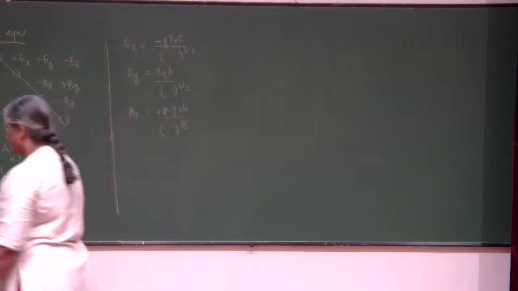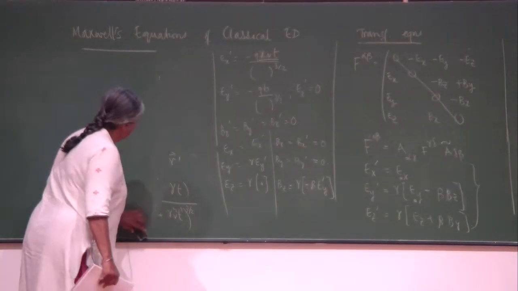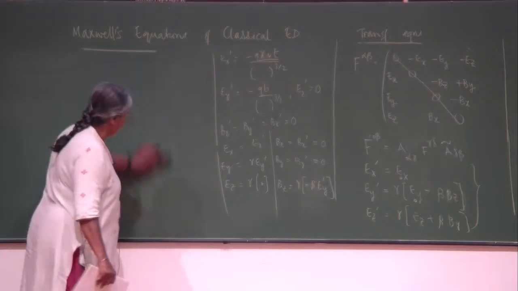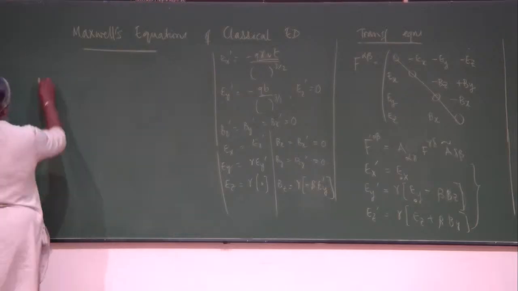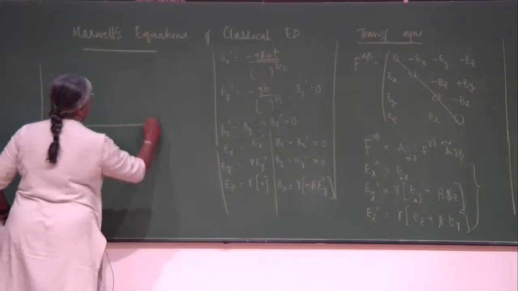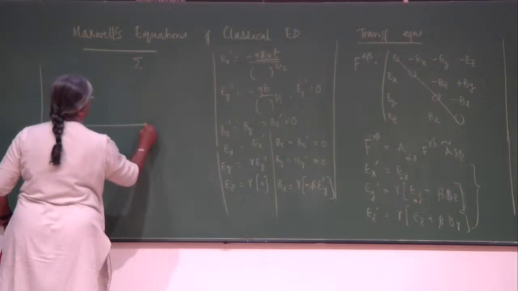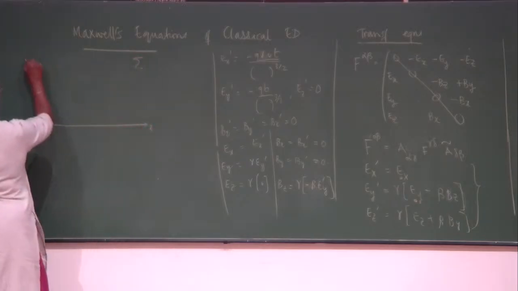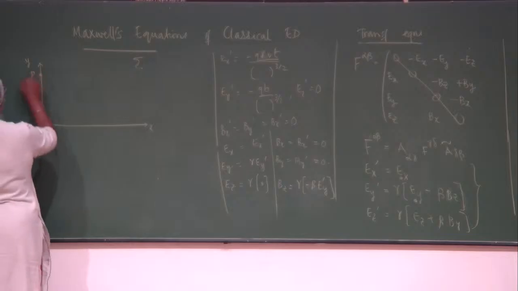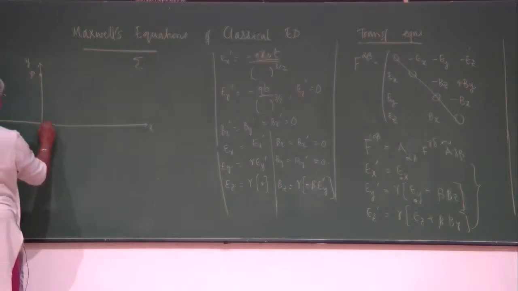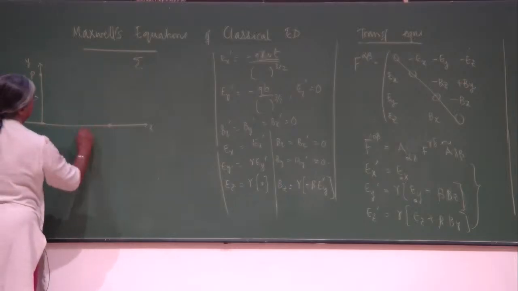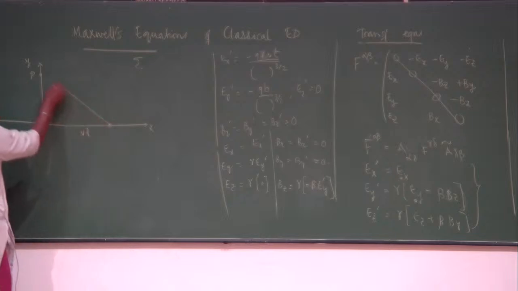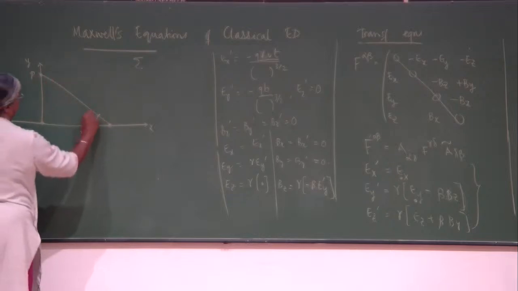Now let us try to interpret them. So to interpret them, let me write the diagram again. So now I am only writing sigma x, y, this is P, and as I said the charge comes from here, and at some time t it was here at an angle theta.